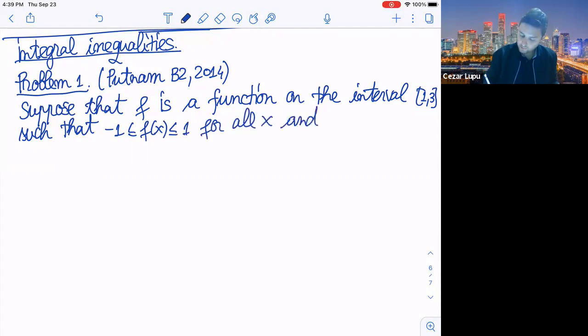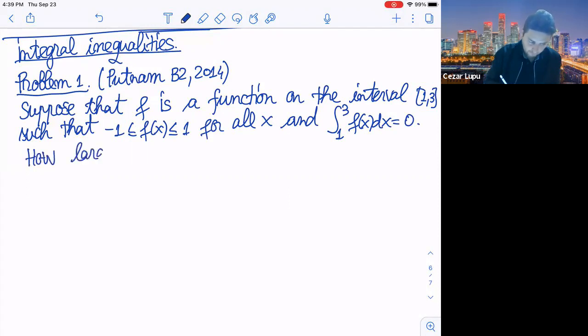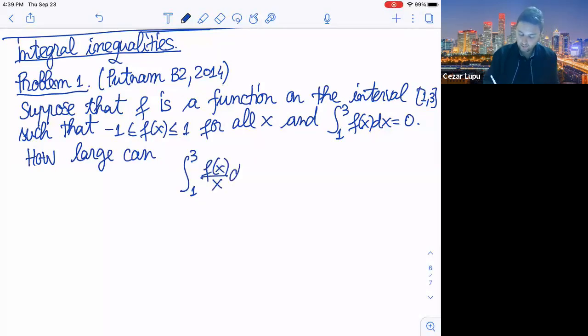And we have this condition here that the integral of f is 0 on the interval [1, 3]. So the question is, how large can this integral from 1 to 3 of f(x)/x dx be? That is the question.